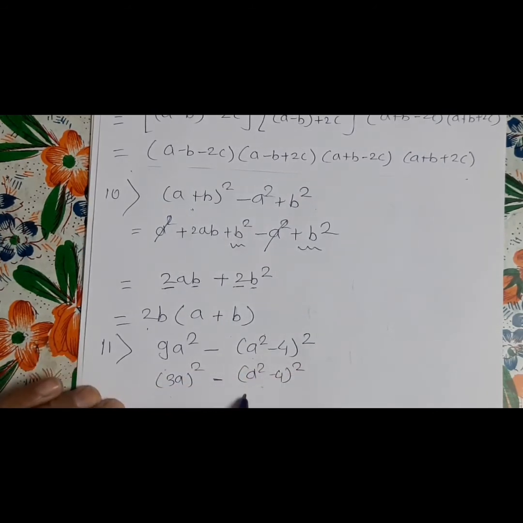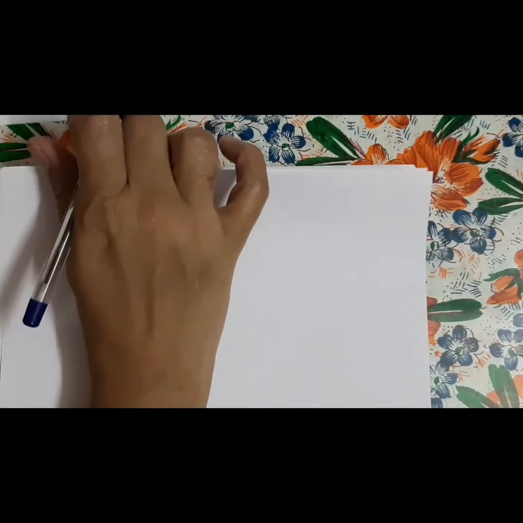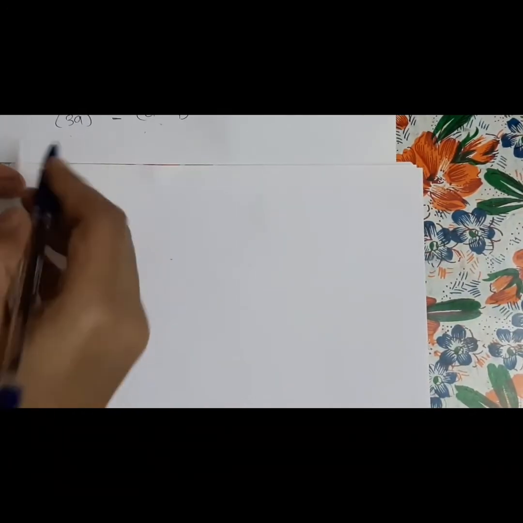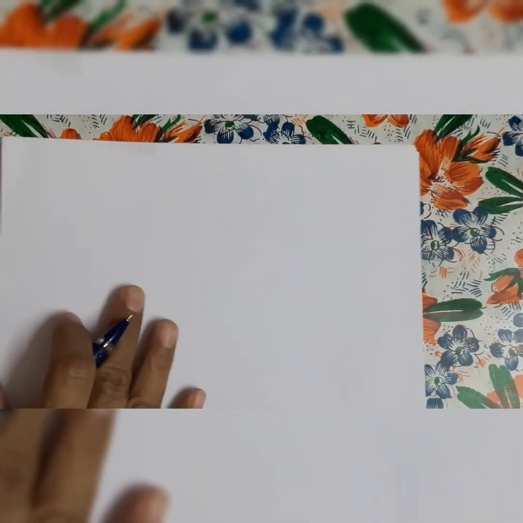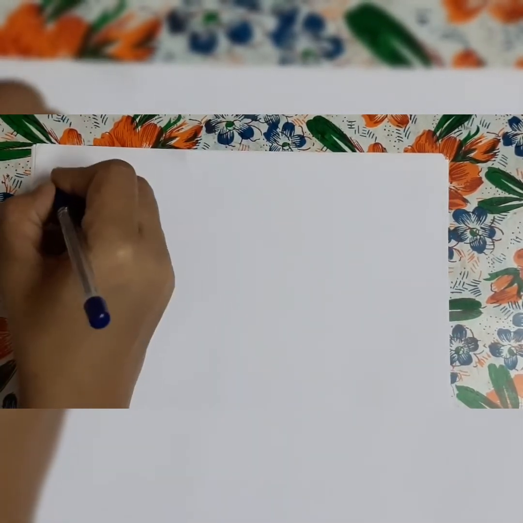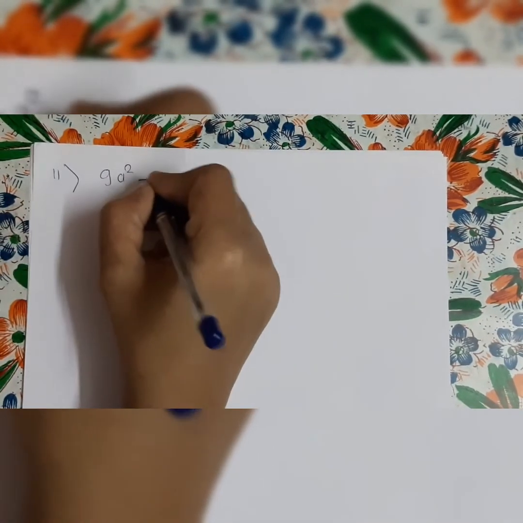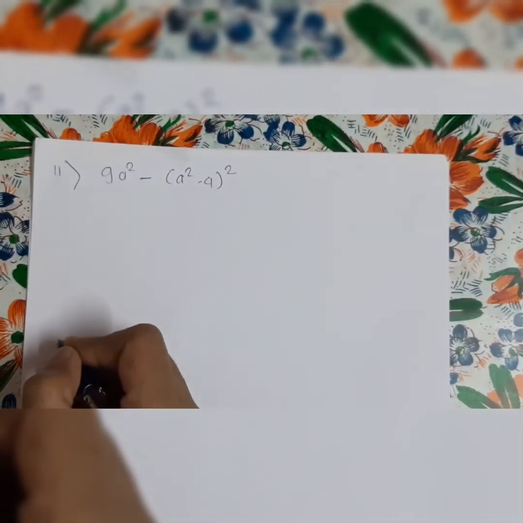Again it is the difference of square terms, so we'll use the formula x square minus y square.